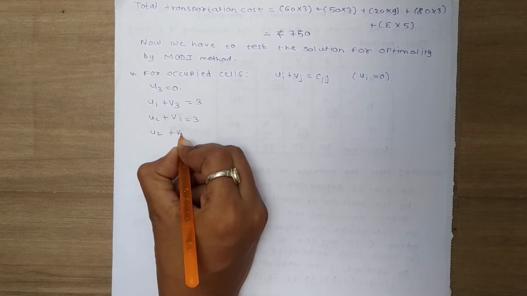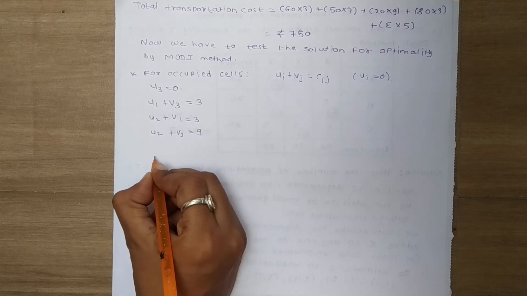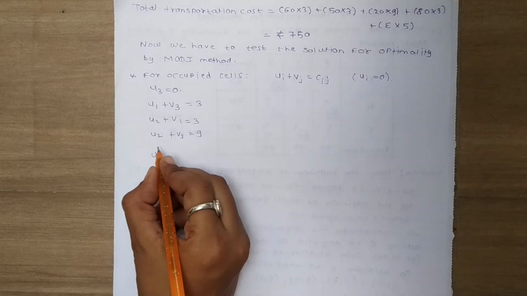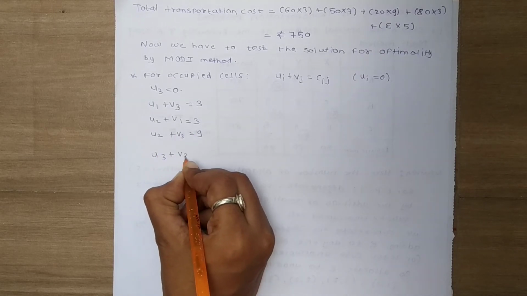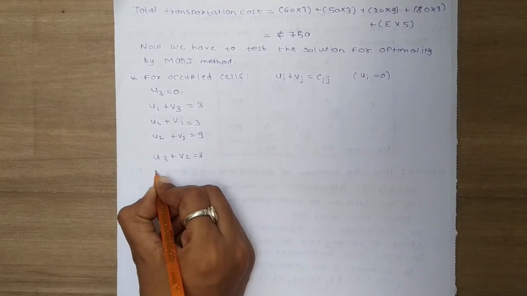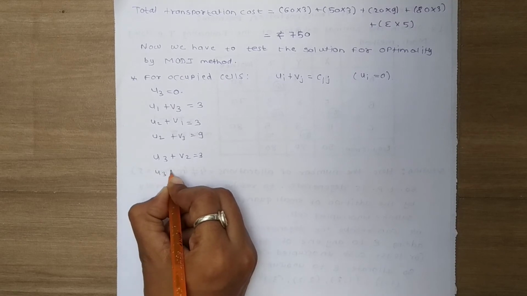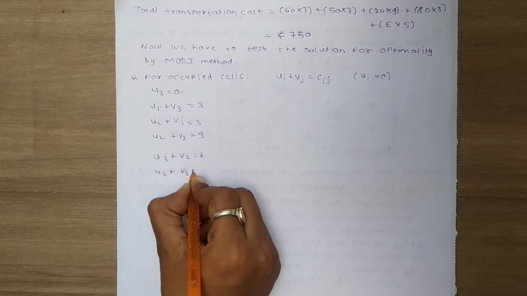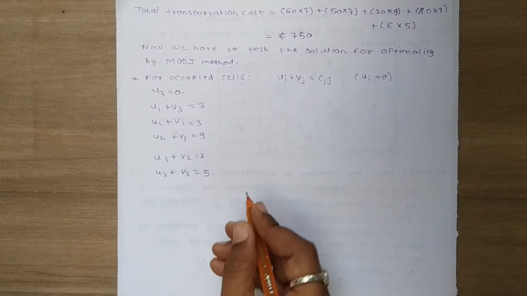U2 plus V3 equals 9. U3 plus V2 equals 3. U3 plus V3 equals 5.